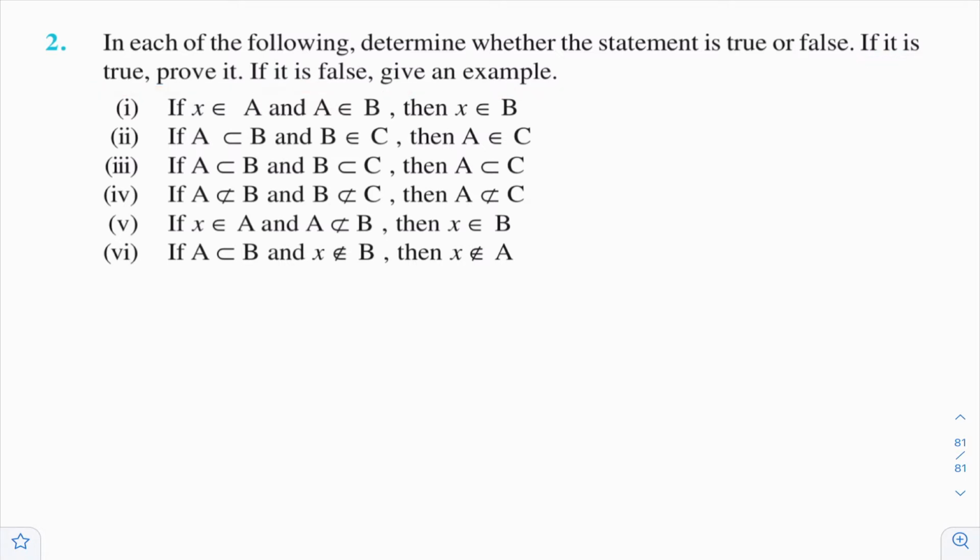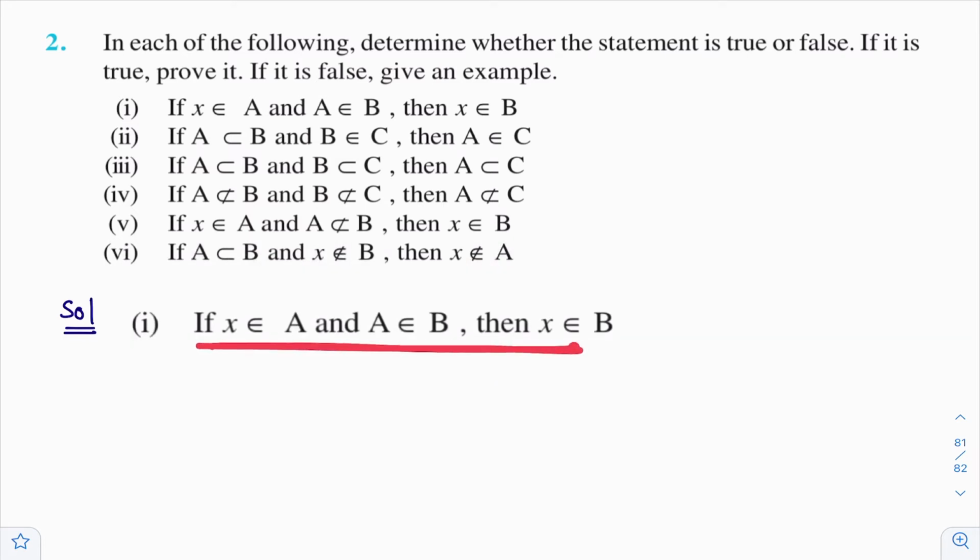So first let me take the first bit and we'll try to understand whether the statement is true or false. We need to identify whether this is true or false. If it is true, we need to prove it. If it is false, we need to give a counterexample.